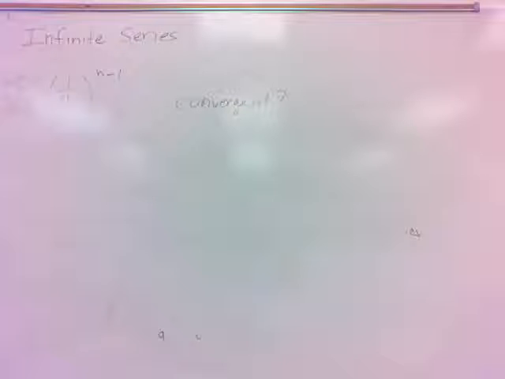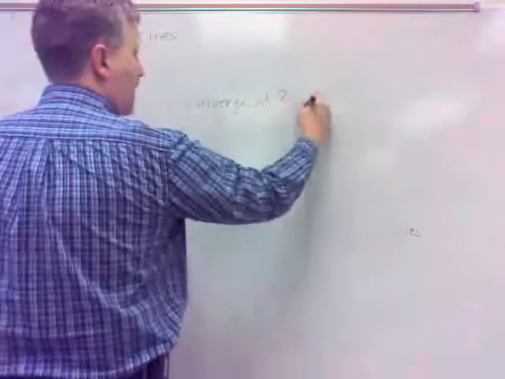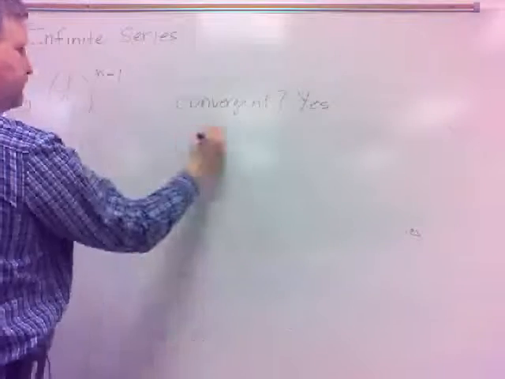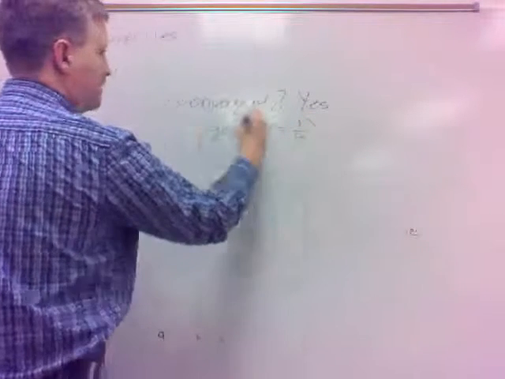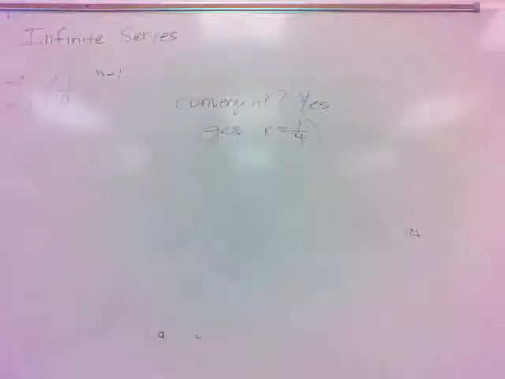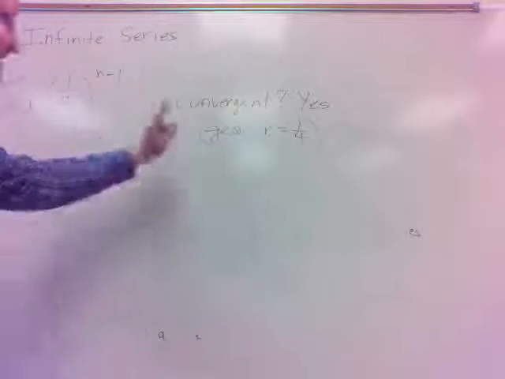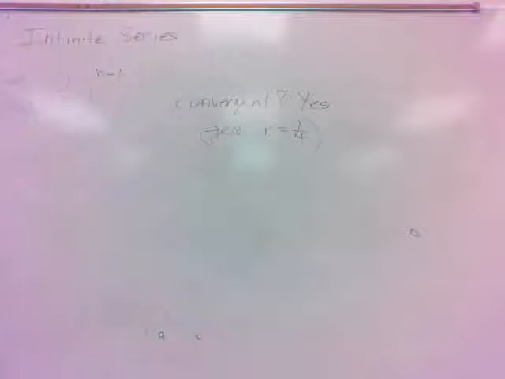Why is this one convergent? It's geometric. R equals 1/4. And I'll go ahead and make this point. When you tell me something converges, tell me why it converges. And that's a good enough reason right there. Geometric, R equals 1/4. Yes, this is convergent.